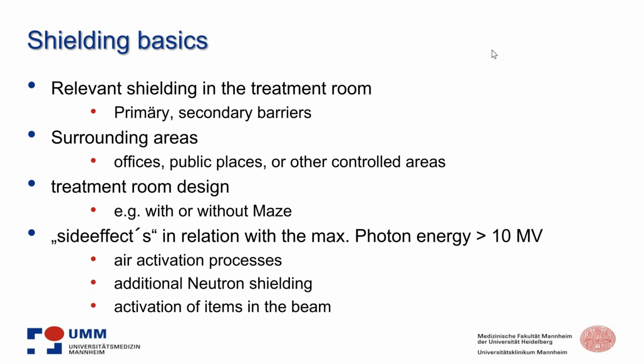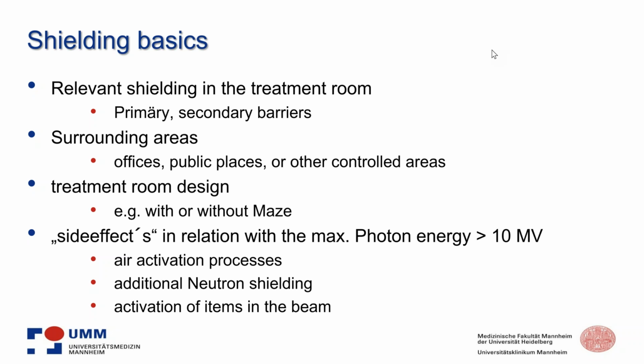We have different room designs, for example, with or without a maze. And we have, let's call it side effects, in relation with a maximum photon energy of more than 10 MeV. You remember that we have activation processes above 10 MeV. So above 10 MeV, we have air activation processes.